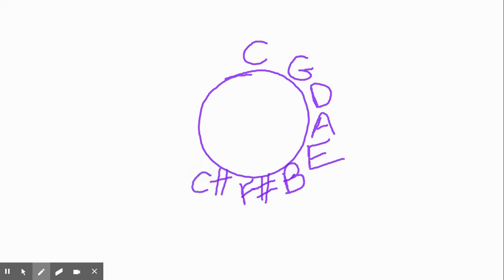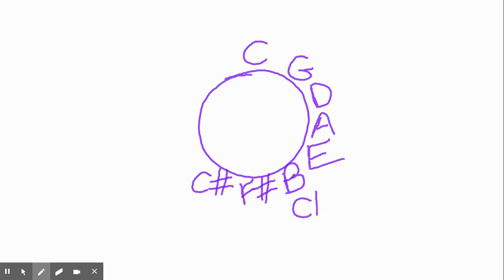Now, once we hit C sharp, there are no more keys, I'll explain that more in a minute, that start on sharps. So let's back up and rename some of these. It's also true that with flats, there's no more keys after C flat that have flats. I'll explain more on that also.